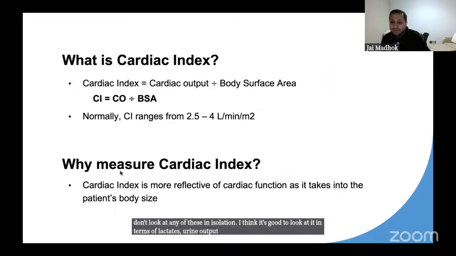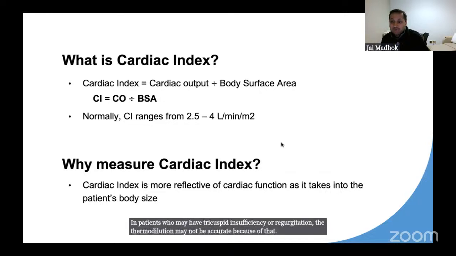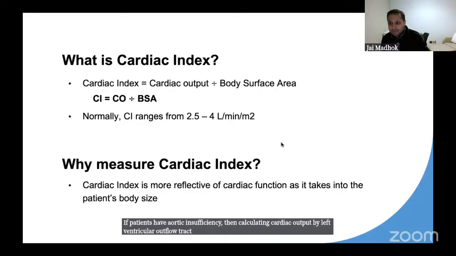There are also problems with both the echocardiographic cardiac output as well as the thermodilution cardiac output. For example, in patients who may have tricuspid insufficiency or regurgitation, the thermodilution may not be accurate because of that. If patients have aortic insufficiency, then calculating cardiac output by left ventricular outflow tract velocity time integral may not be accurate because that doesn't quite capture the true forward flow of the heart.